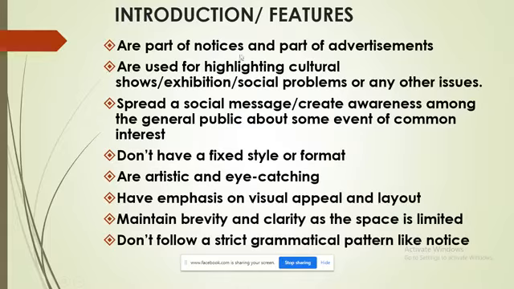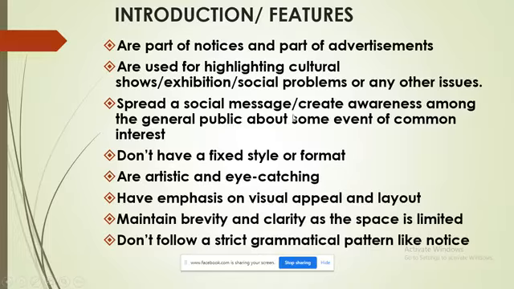Let me tell you that posters are generally sometimes part of notices when they have to appeal or give information, and sometimes they are parts of advertisements like commercial advertisements, the display advertisements, and these posters are used to highlight the cultural shows, exhibitions, social problems, or any other issues. Any topic may be taken for the poster.